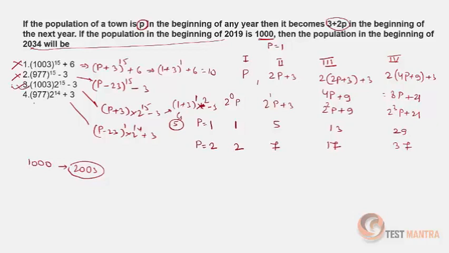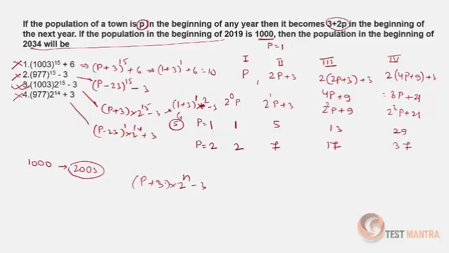And the next one is this one, which is not a positive value, it's a negative value, and it is not equal to 5, so this is also ruled out. So ideally my answer is supposed to be the third one, but let's cross check with the next value here. As we have seen, it's p plus 3 into 2 raised to n minus 3, where n is the year available.